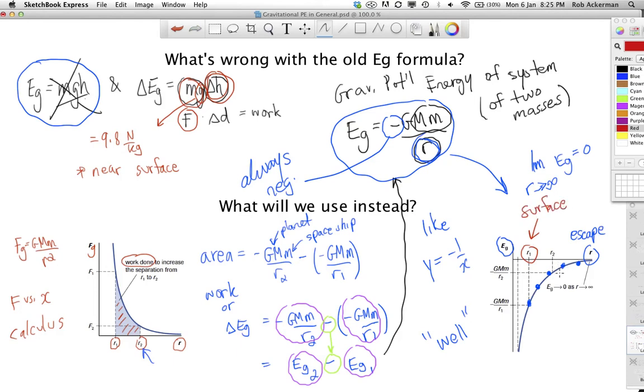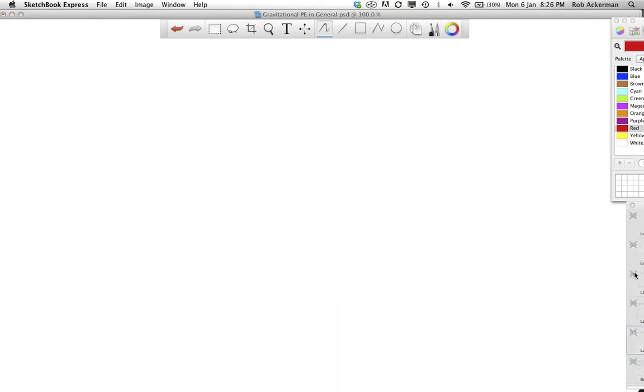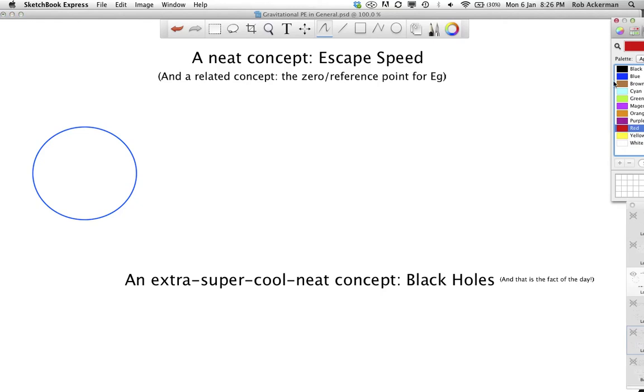Well, to escape means to get to a position infinitely far away. So we want to go from R1 of whatever value R1 is at the surface. In the case of Earth, that's 6,380 kilometers. We want to get from there to an R value of infinity. So let's go back to the formula and see how that's going to play out.